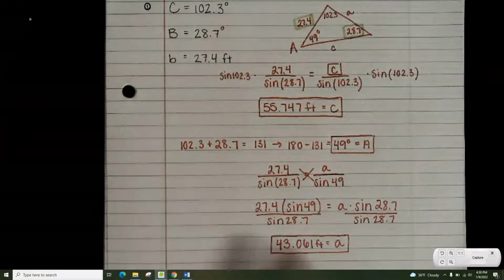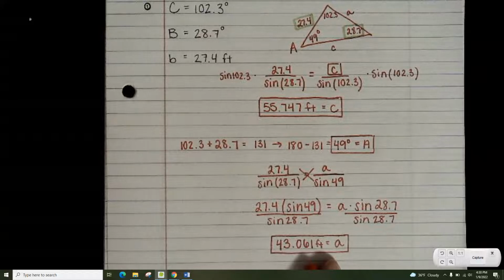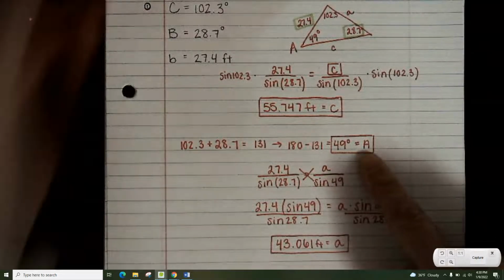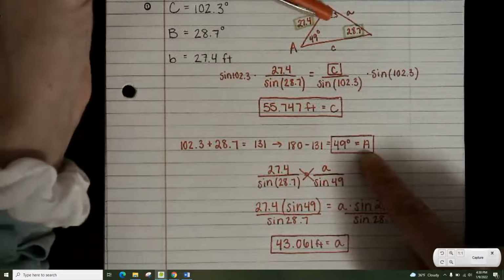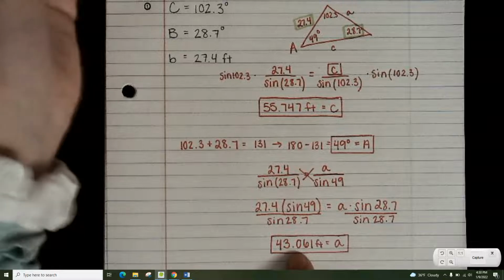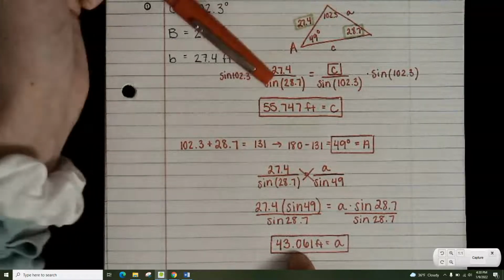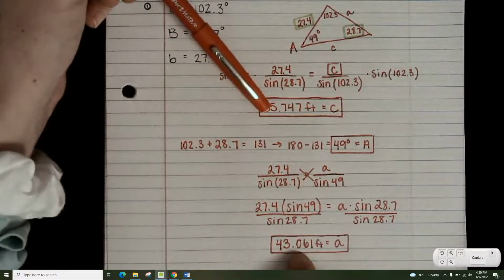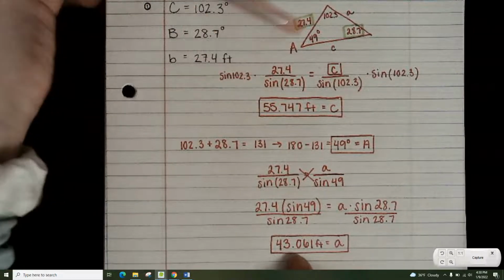Now let's just test to make sure that this makes sense. 49 degrees is between 28.7 and 102.3, so this should be the middle side length. So this is more than 27.4 and less than 55.7. That actually all makes sense.